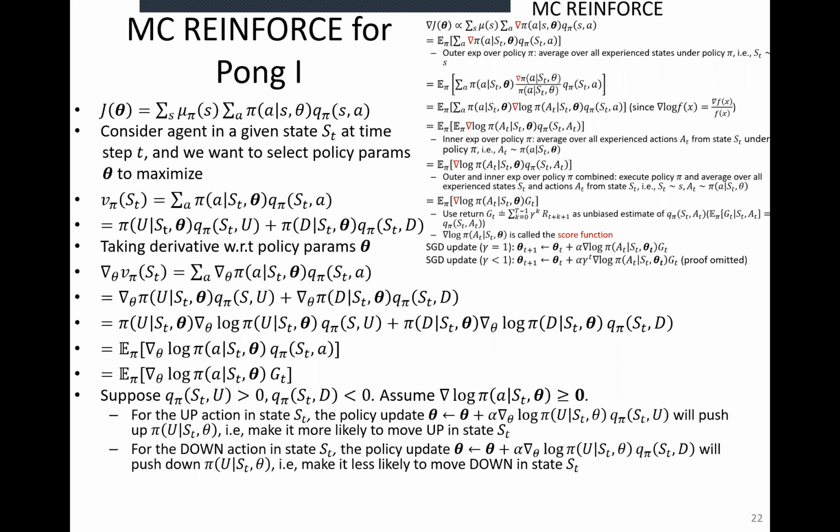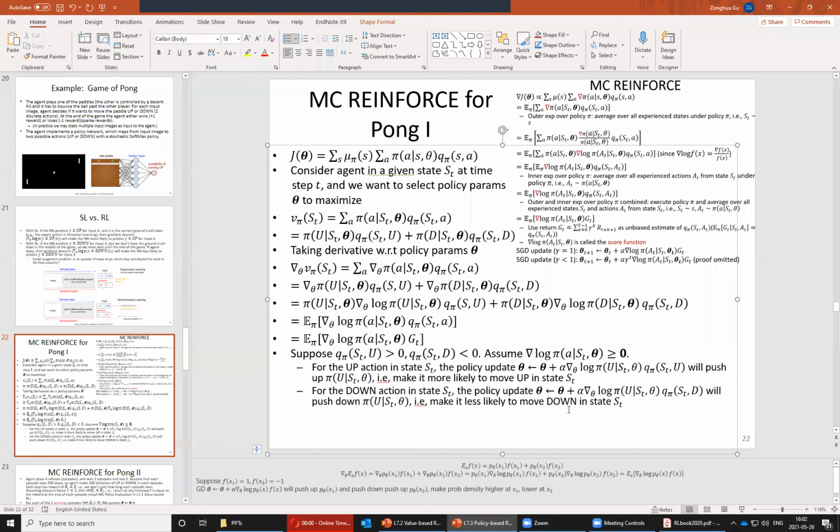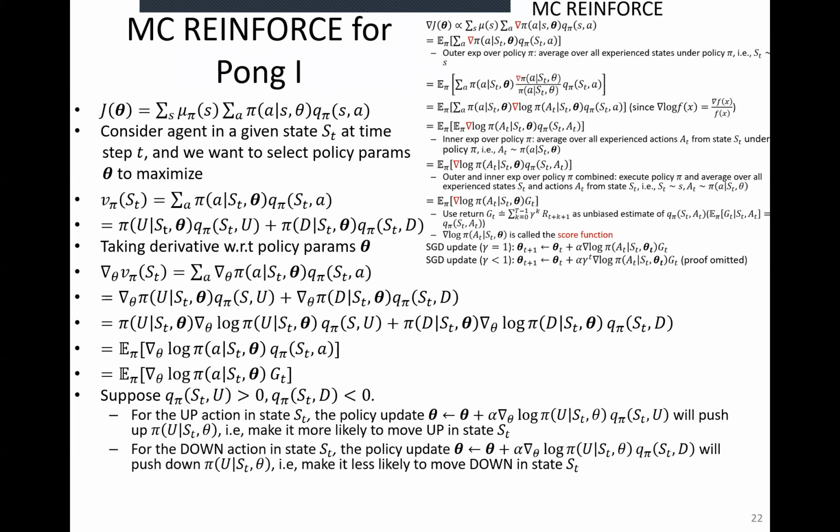And then for the up action, the policy update will push... Sorry, I shouldn't assume that. So for the up action, you should update the parameters with this gradient ascent and push the pi up.